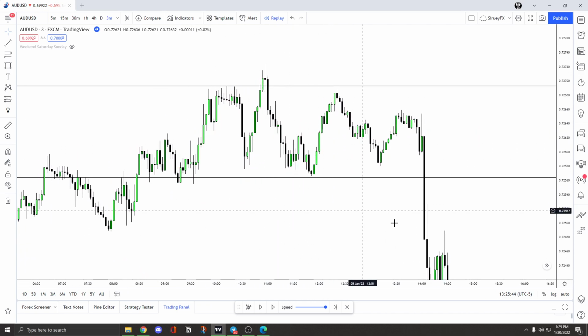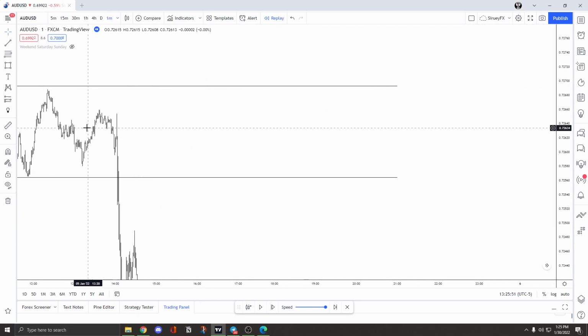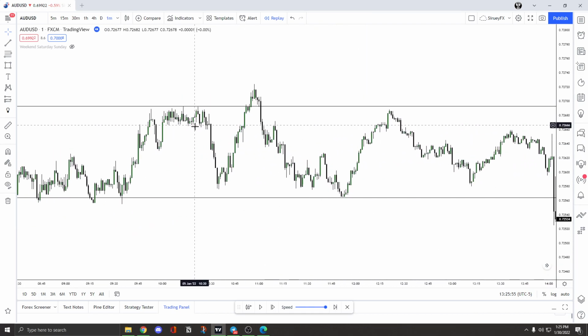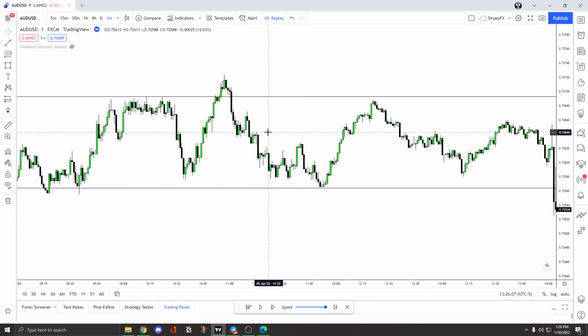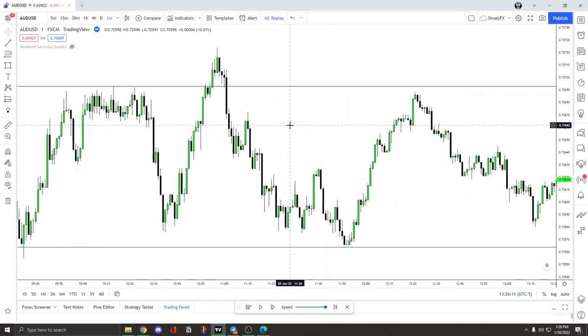So can I find a market maker sell model inside of this? Let's go down to a smaller time frame, and I'm positive that we can. So on the 1 minute, as we punch into this fair value gap, we have this buy side liquidity resting above here. Price comes, clears that buy side liquidity at the premium high of that fair value gap, and then let's look a little bit closer.